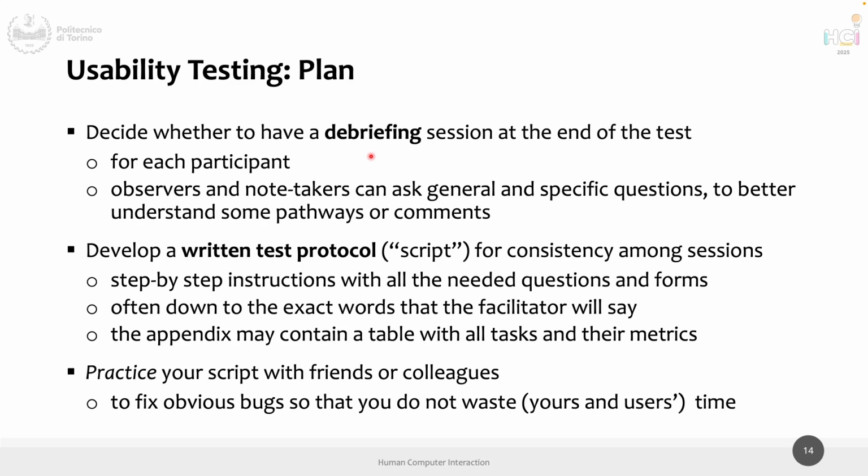Often, this script is down to the exact word that the facilitator will say, so that the facilitator gives the same identical information, word by word, syllable by syllable, to every participant. So you have absolute consistency in the information that you give to all the participants, minimizing the possibility that you give more information to one or less information to the other.